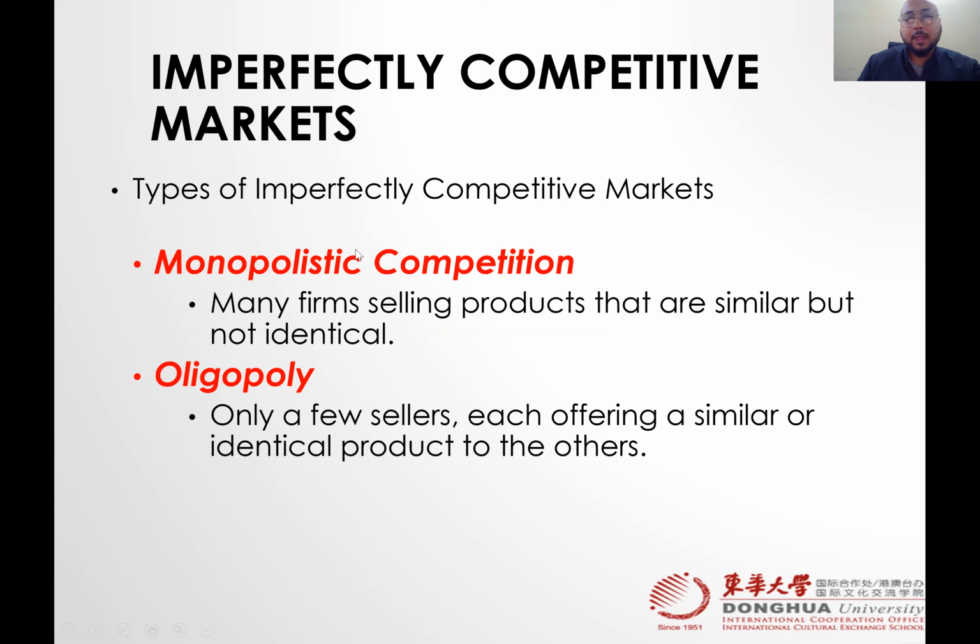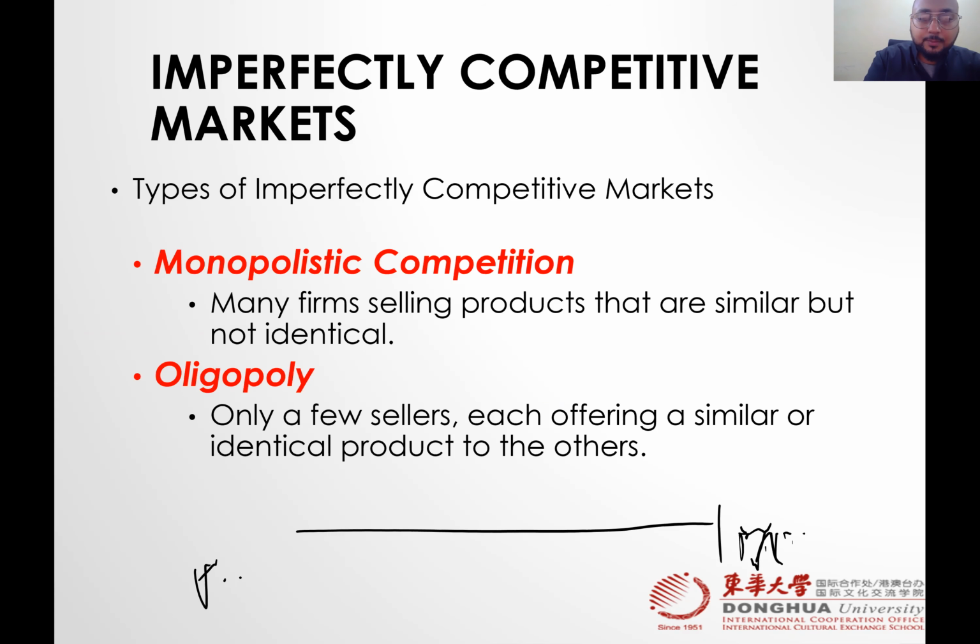So, types of imperfect markets. We already talked about monopoly, which is the extreme of the market in which we have one seller, and in perfect competition we have several sellers, right?